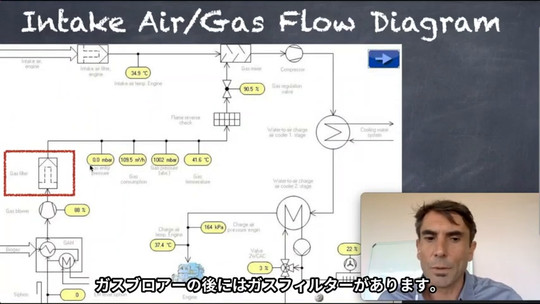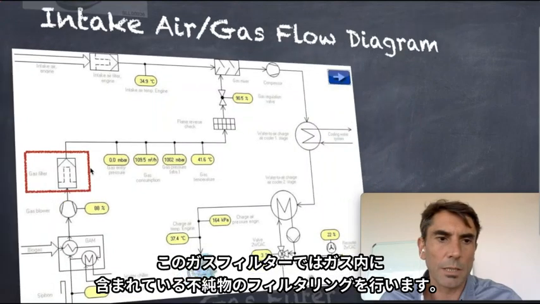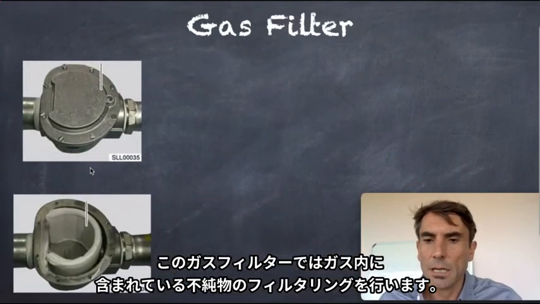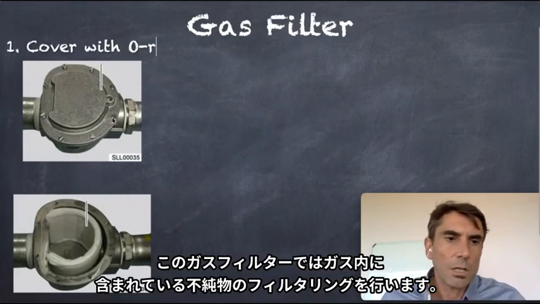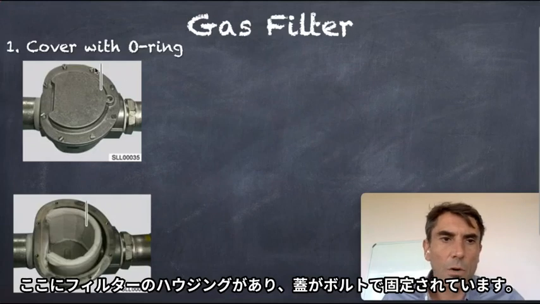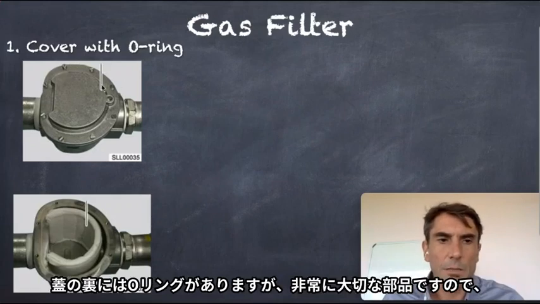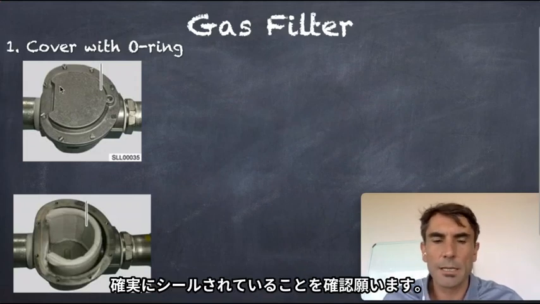After the gas blower, we have a gas filter. We like to make sure that we get clean, filtered gas into the gas train system. So we have here the housing with an O-ring underneath the cover. It's always very important that we make sure the O-ring is tight.